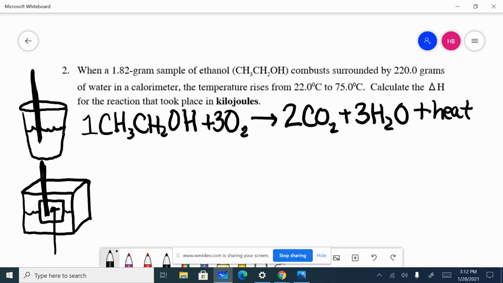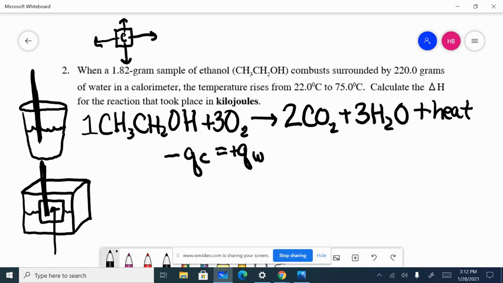So in this case, you have the combustion reaction happening here, and the heat is leaving the system, which is the combustion reaction, and entering the surroundings, which is the water. So the heat that leaves the combustion reaction is equal to the heat that enters the water. So this guy's going to lose and this guy's going to gain. They're going to be equal and opposite.